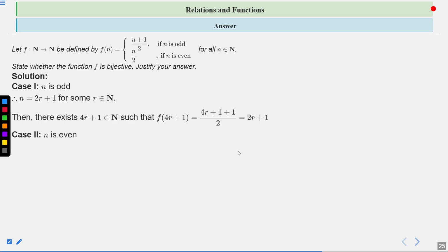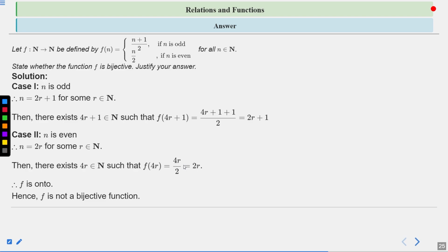Now case 2, when n is even, meaning n will be of the form 2r, where r is some natural number. Then there exists 4r belonging to N, such that f(4r) is 2r. Therefore f is onto.